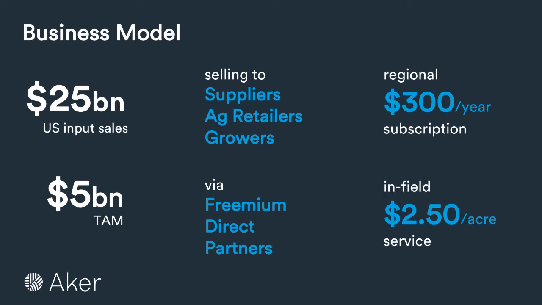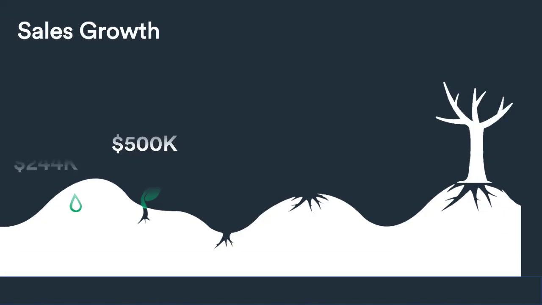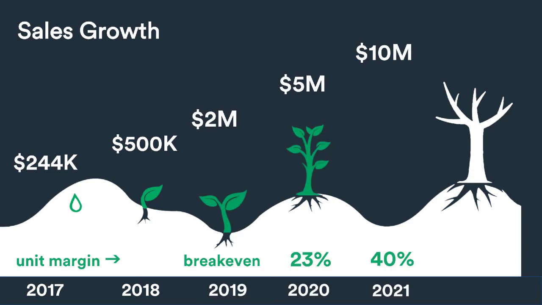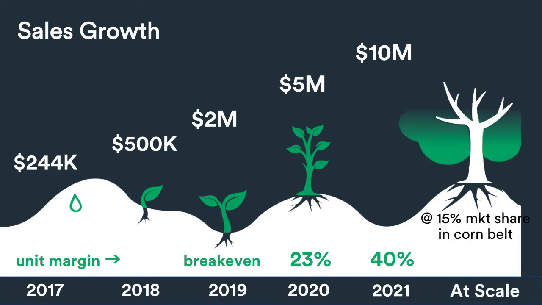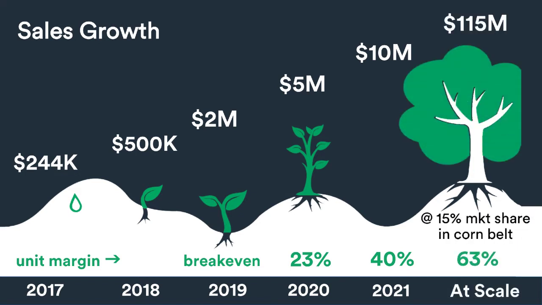We do that for $2.50 an acre. We have sales. We have sold out all that capacity for technology with a few contracts that we have today, particularly with Bayer and BASF. Let me tell you how our business looks on the top line at scale. If we deploy everything that we have only in the Corn Belt and we have 15% market share, our top line is over $100 million a year.